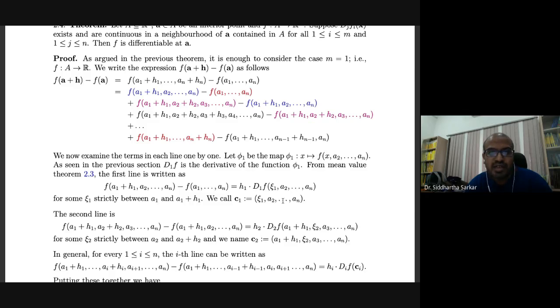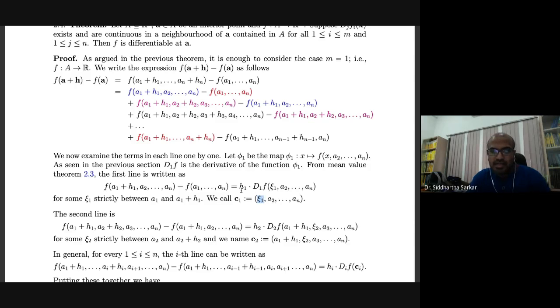So I can immediately apply the mean value theorem, saying that the difference, phi of a1 plus h1 minus phi of a1, should be written as the length of the interval, which is now h1, times the derivative at some point strictly in between these two numbers, which I am just taking to be some xi1.